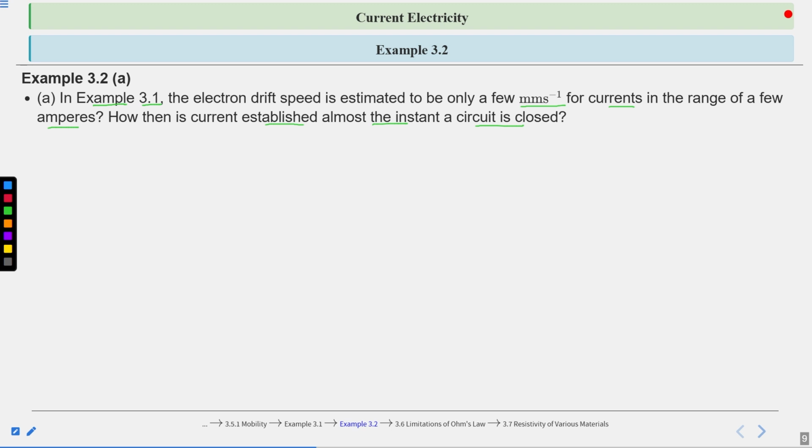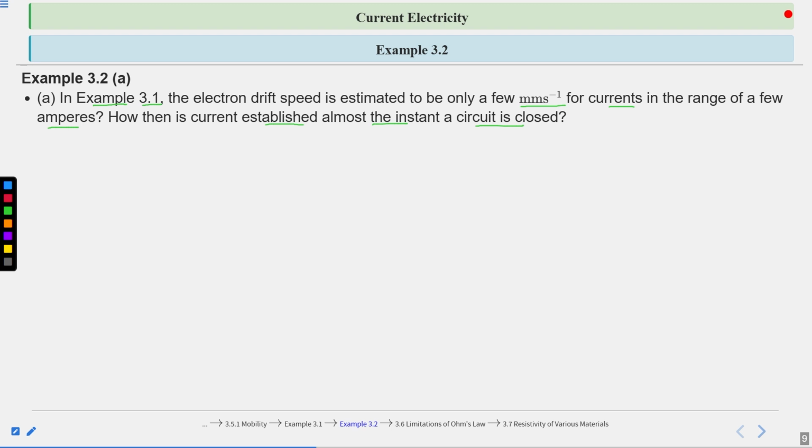If we take a conductor of 1 meter, then the electron will take so much time to cover this 1 meter. So then how is current established almost the instant the circuit is closed? When the circuit is closed, we get the reading of current. Then how is current established that fast if drift velocity is so small?